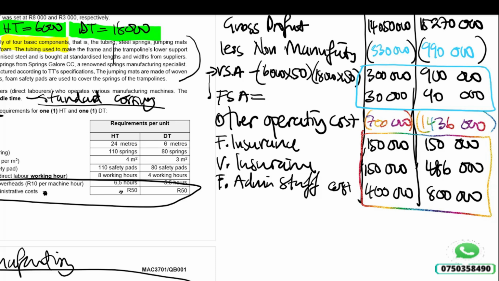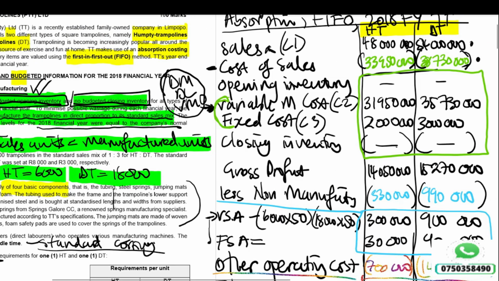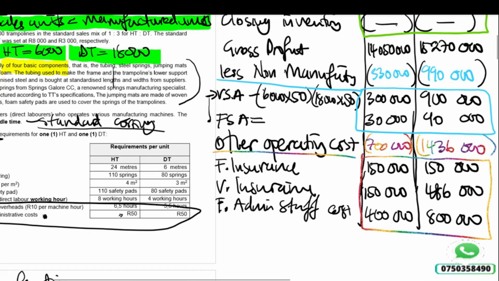So that's other operating cost, and we said this was non-manufacturing cost, and then this was cost of sales. So this is what we have now.